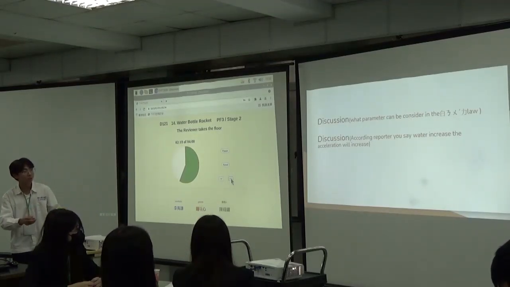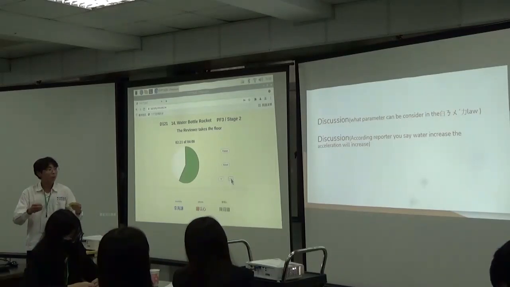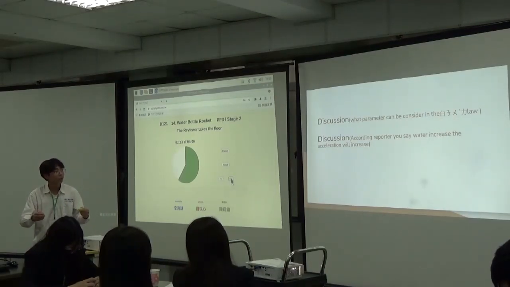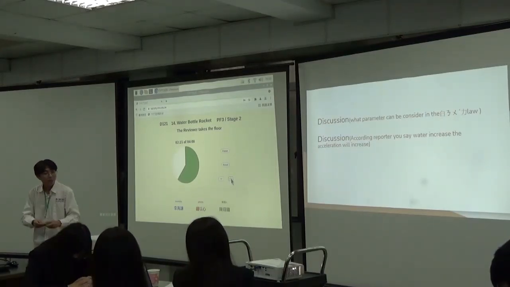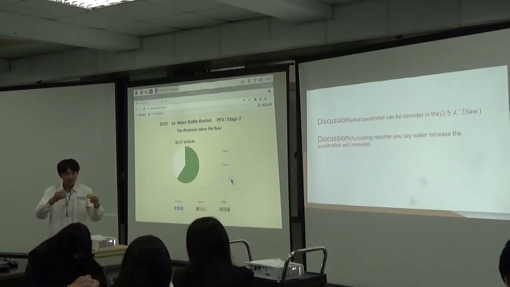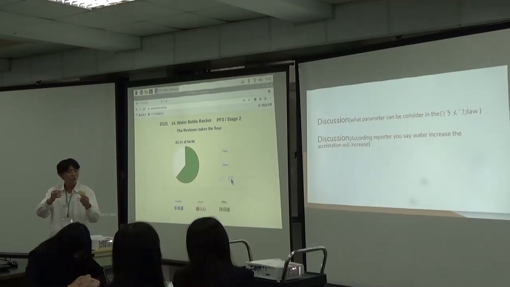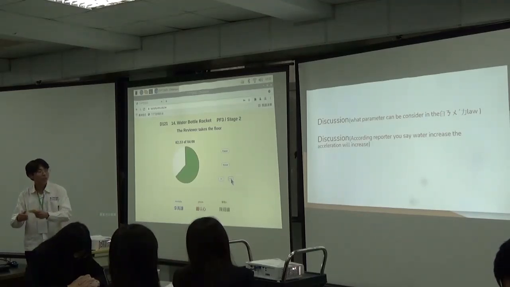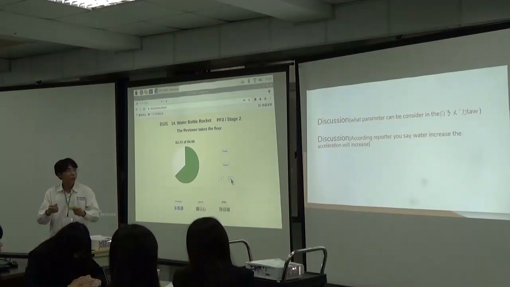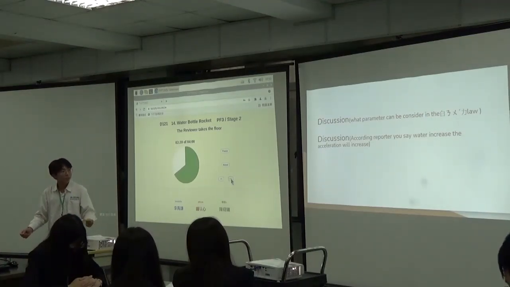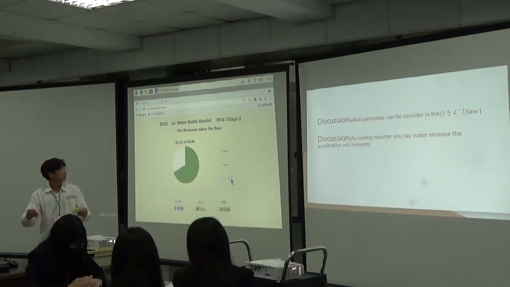According to the reporter, if the water increases, the acceleration will increase. And I agree that when the water falls out of the bottle, the acceleration will reach its peak. The two sides do not disagree. That is all.